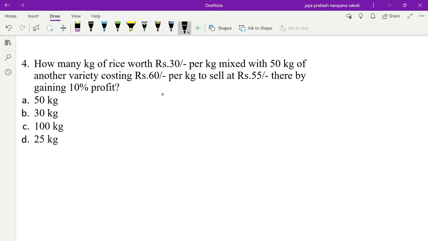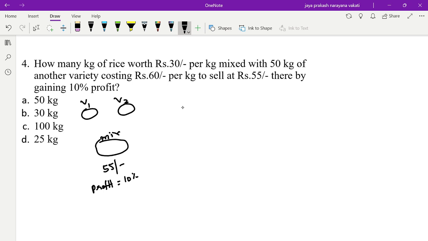Here two varieties of rice are taken at some quantities and mixed, and the resultant mixture is sold at 55 rupees, and he told he gained a profit of 10 percent. So this also should be solved in the butterfly method.